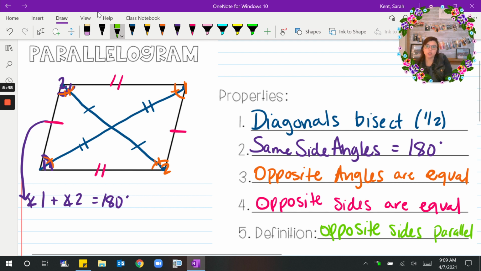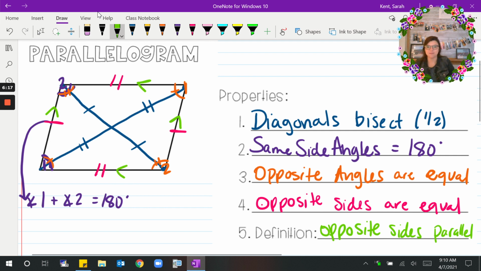How this will be shown is with arrows. Those arrows mean they're parallel. This side and this side, those are parallel. They never touch. So all of these properties will always be true with the parallelogram. So if you have a parallelogram, you can use one of these to find a missing value.